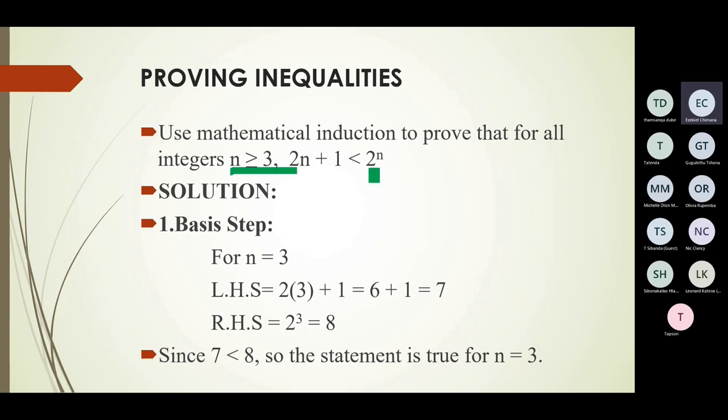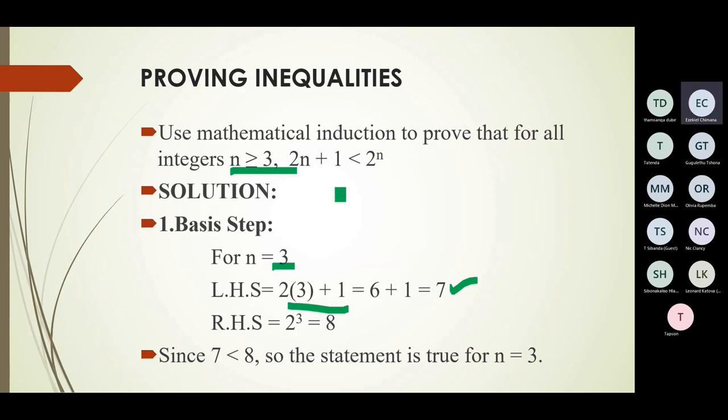So we start with the basis step. Here we start by putting n equal to 3, because our n is starting from 3. So for n equal to 3, what do we get? From the left hand side, we get 2 times 3 plus 1, which is 6 plus 1, which is equal to 7.